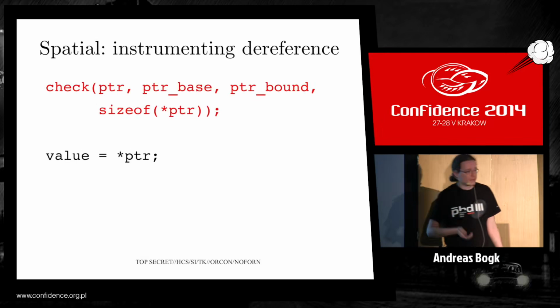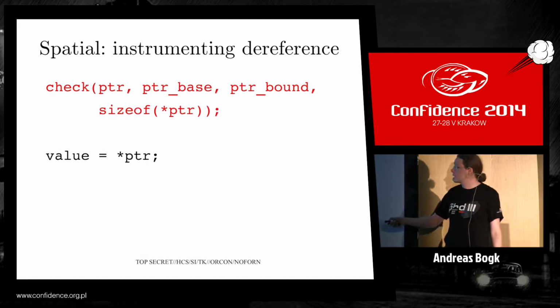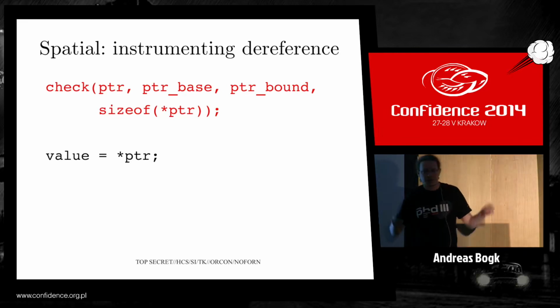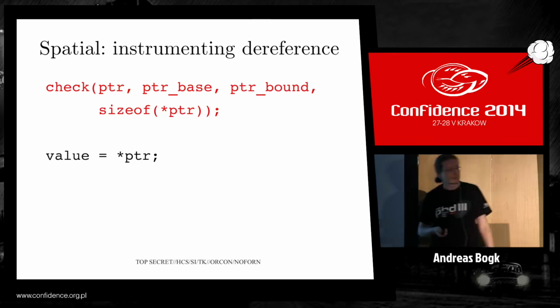So this is what it does. I access a pointer here. Again, that's the user-written code. And a check is inserted before that pointer access. So for the pointer, I have the base value and the bound value, which are passed around actually as extra variables inside the intermediate representation.